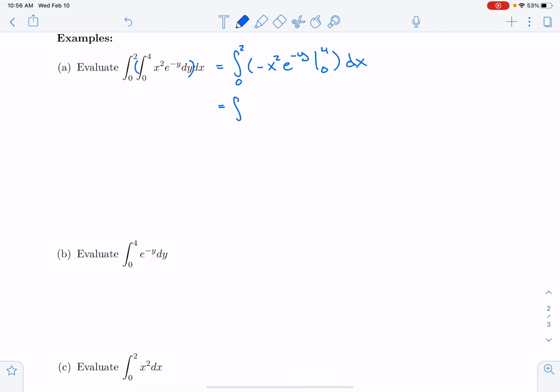Well, let's look at that inner expression and substitute in for y. Okay, so we're going to get minus x squared e to the minus 4, and then we're going to get a plus x squared e to the 0. Okay, and we're going to evaluate that dx.